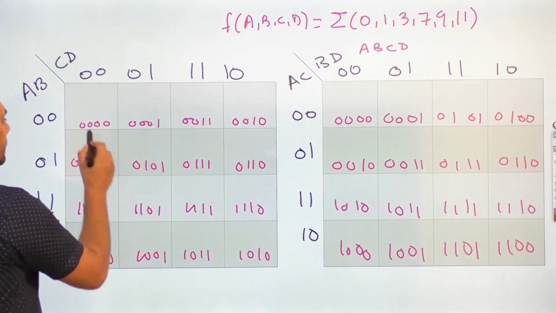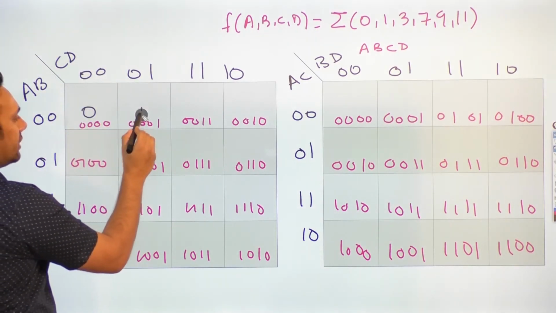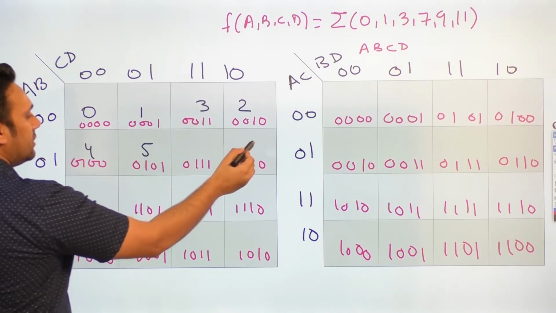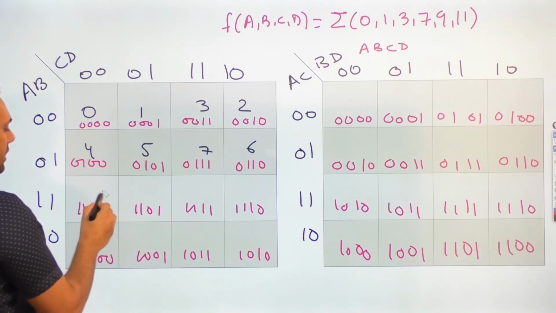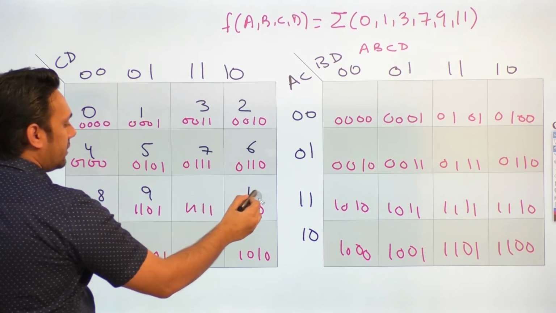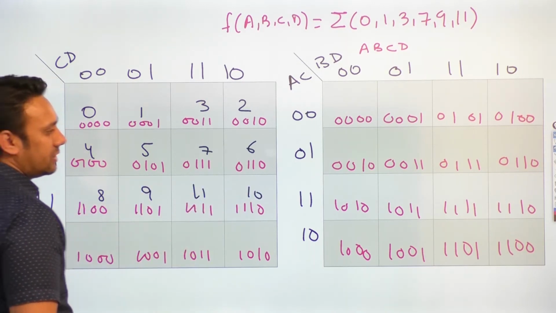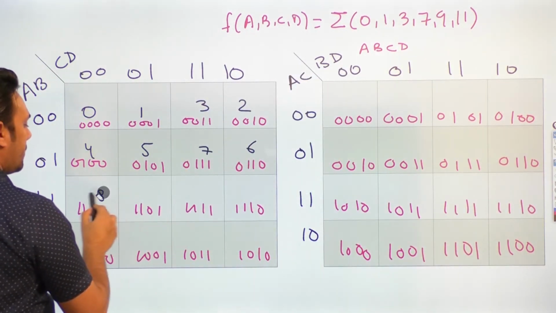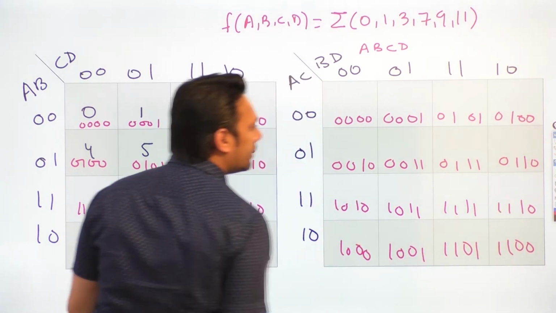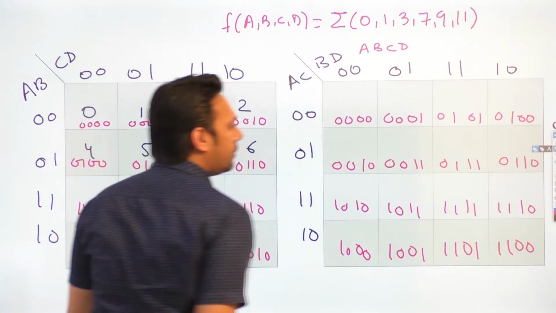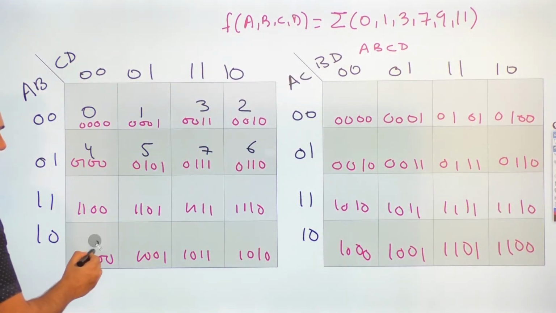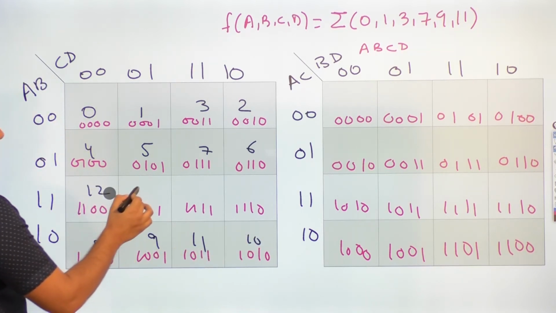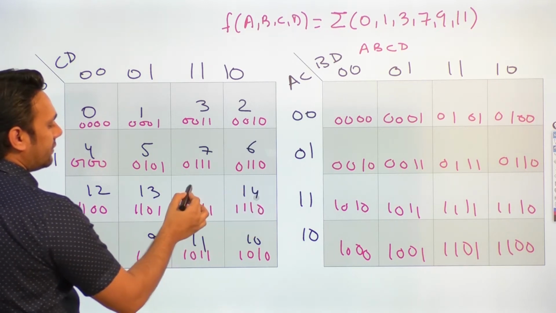So this is representing the decimal values 0 1 2 3 4 5 6 7. I'm so sorry, this was a mistake. This is 8 9 10 11 12 13 14 and 15.